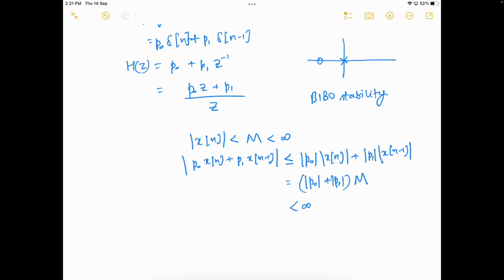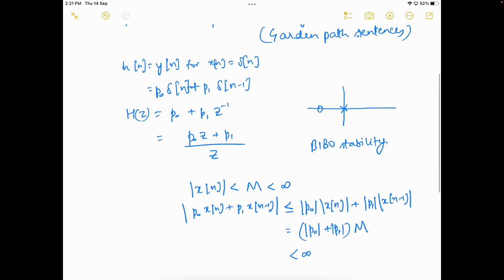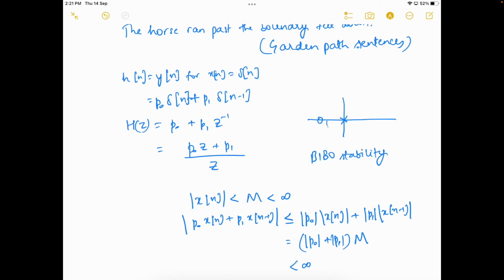Laplace transform is for continuous time signals, but Z transform is for discrete time signals. So here we consider the unit circle. Let's say this is my unit circle. The condition is all my poles should be inside my unit circle. If that condition is satisfied, then the system is stable, right?